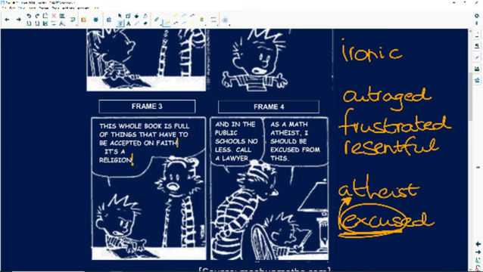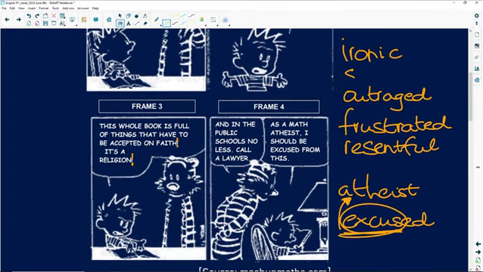But let's look at Hobbes. And I said we could look at irony or at satire. And Hobbes satirizes Calvin. He's criticizing Calvin. So the first thing he says, and in public schools, no less. So that's the first joke that he makes. He satirizes Calvin by suggesting that public schools are promoting religion, which they shouldn't be doing.